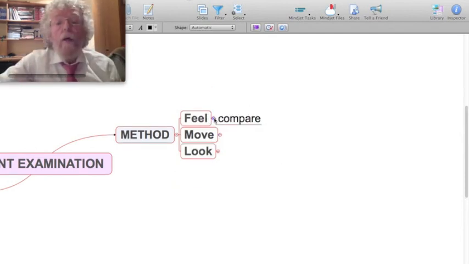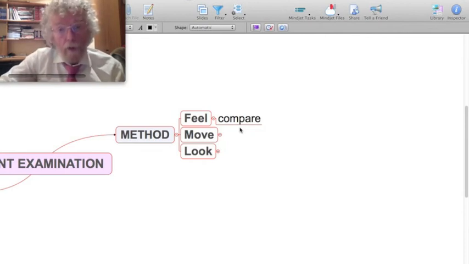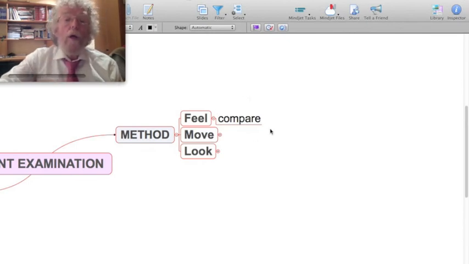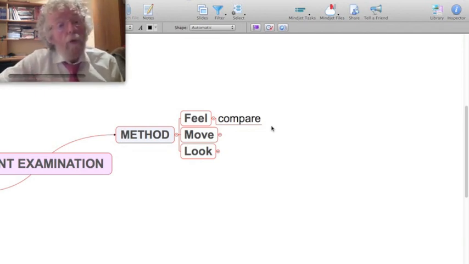And then feel the joint. And one should always feel the joint for increased local heat and for tension. And in the majority of cases, one is looking at peripheral joints. One is not going to find increased local heat around a hip or a deep joint like that, or shoulder less commonly.